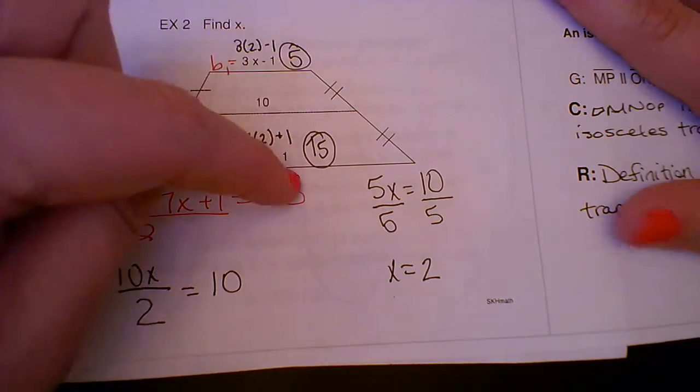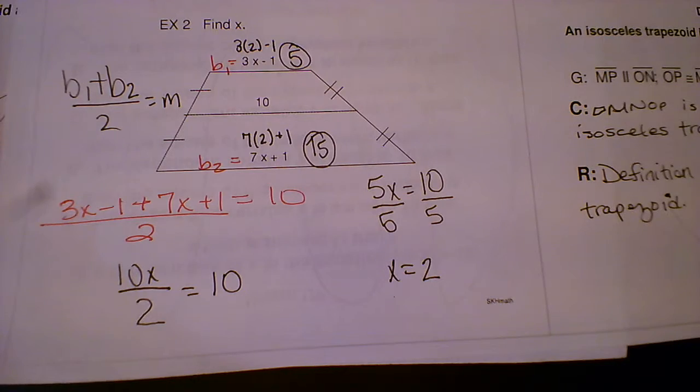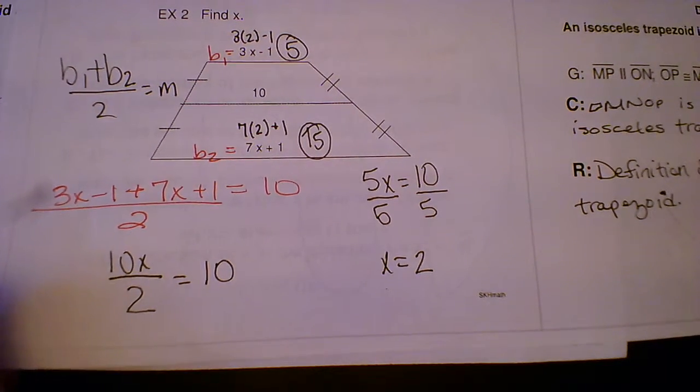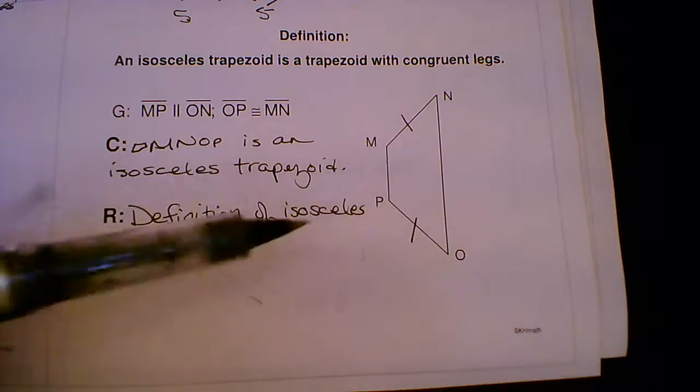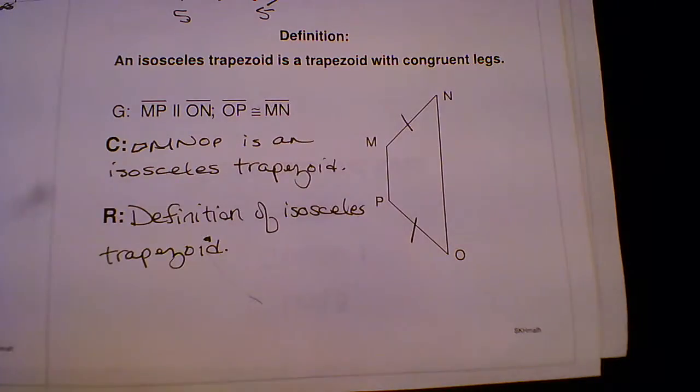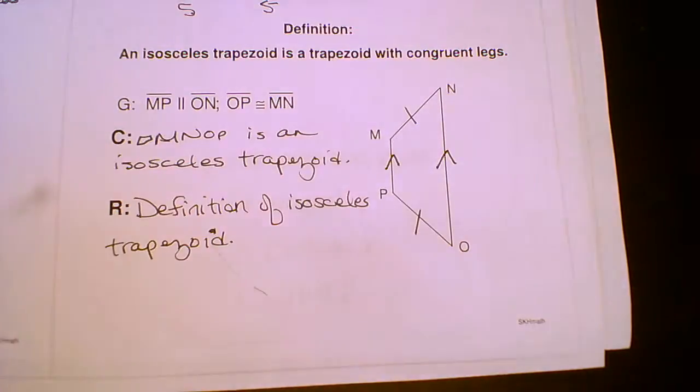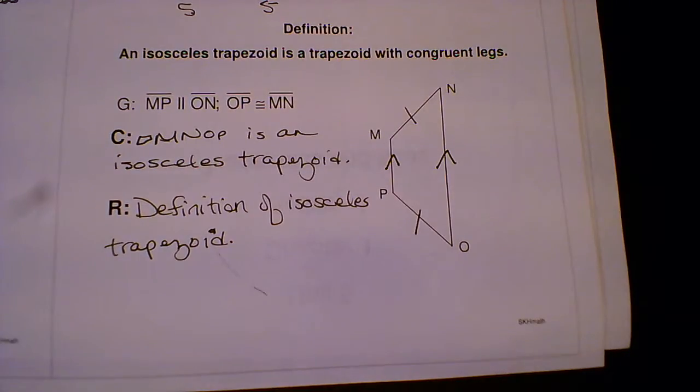Notice halfway between 5 and 15 is 10 units. Next we have an isosceles trapezoid. An isosceles trapezoid is where the two legs, the ones that are not parallel, are congruent. The ones that are parallel are MP and ON here. Those would be my bases.